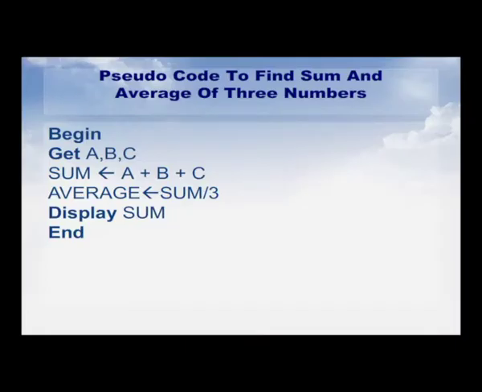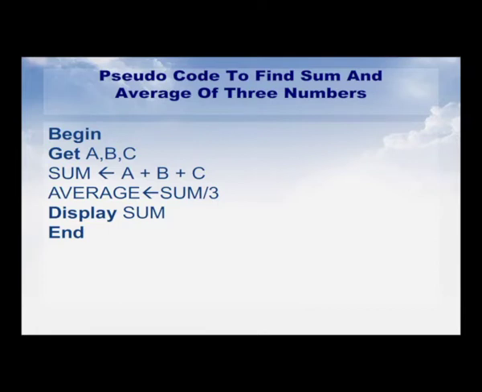Got it? Let us now write a pseudocode to find the sum and average of numbers. Here you can see that this block of code begins with the keywords begin and end, and in the middle the first statement is get a b c, where a b c are the 3 numbers you get from the user as input.